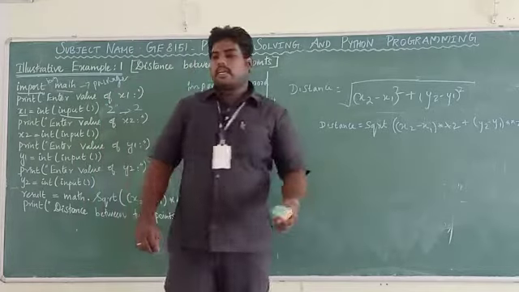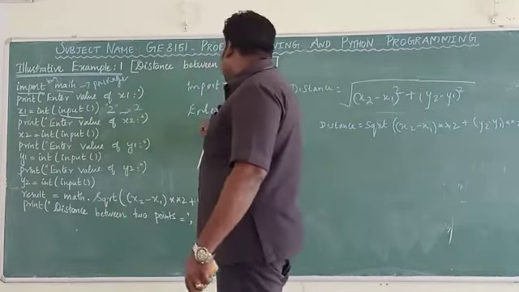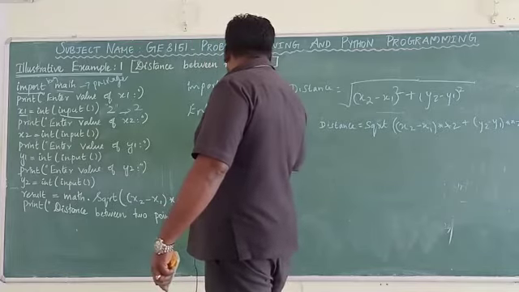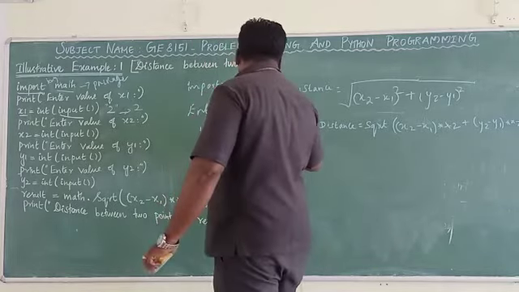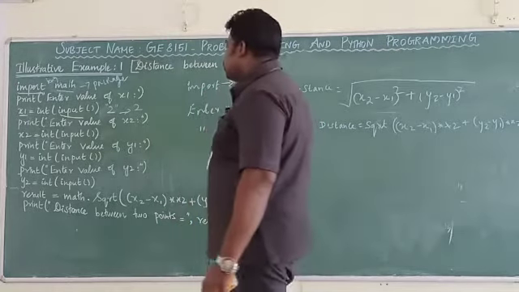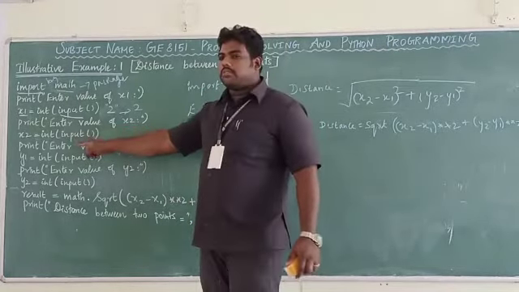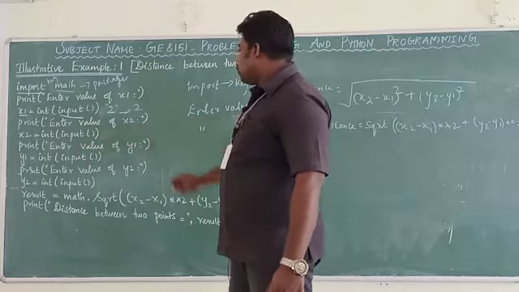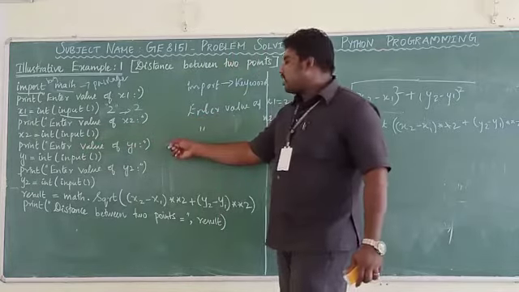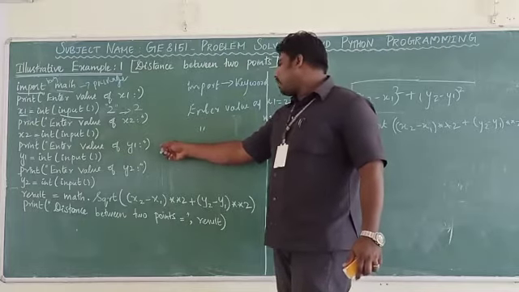Similarly, the next input you are getting, enter the value of x2. Okay, for example, you are getting 4. The same thing, x2 equal to int input of. Okay, again enter the value of y1.